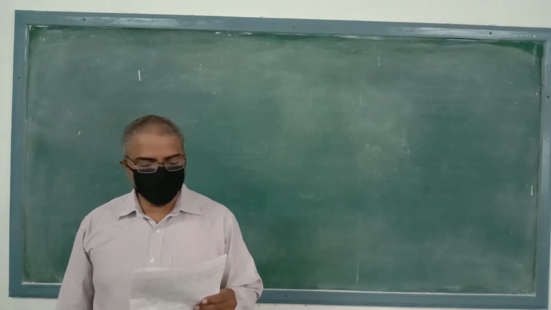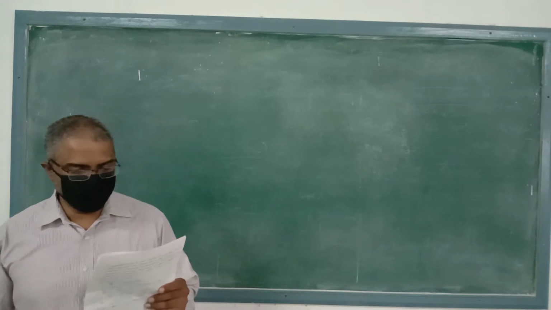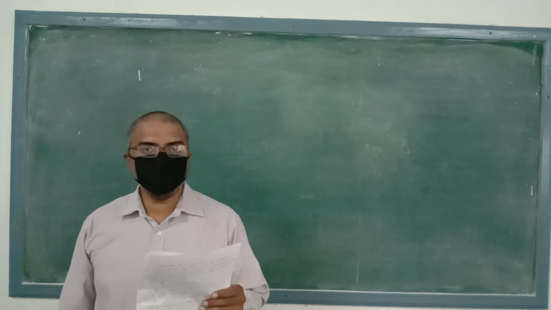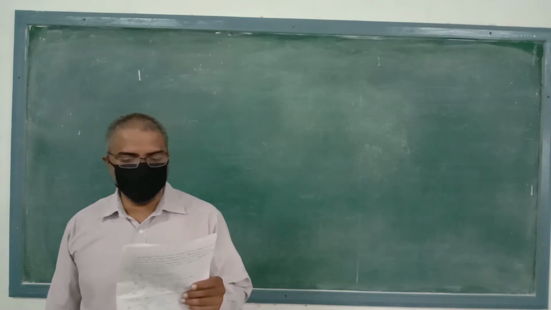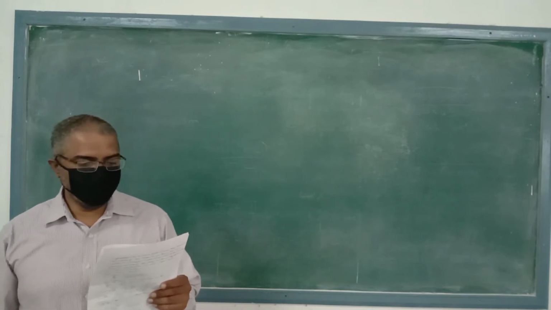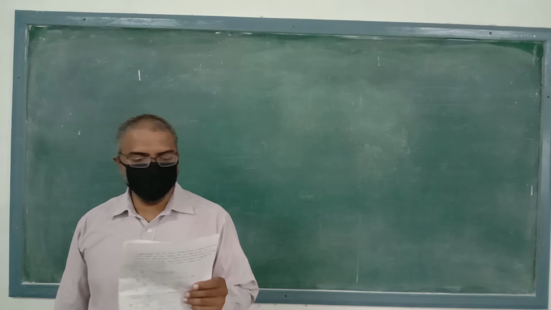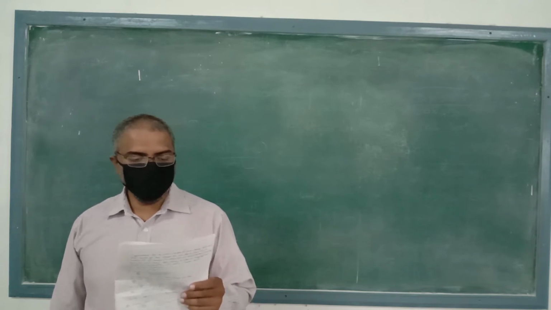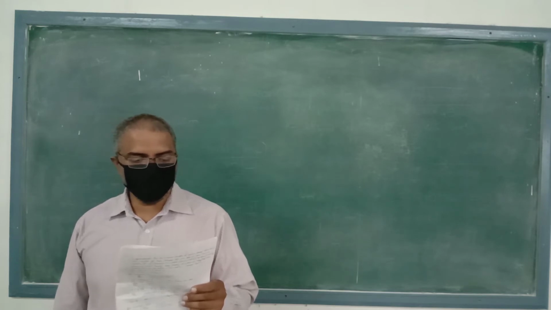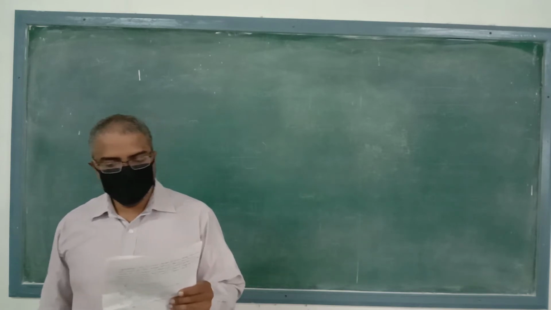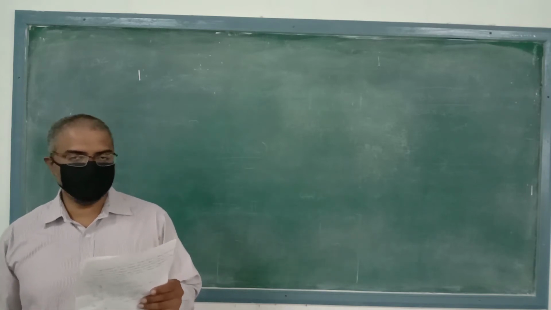The rod is exposed to an environment with temperature 30 degrees Celsius and convective heat transfer coefficient h is equal to 50 watt per meter square Kelvin. Calculate fin efficiency, temperature at the tip of the fin and rate of heat dissipation from the base of the fin. Assume insulated tip condition for fin analysis.